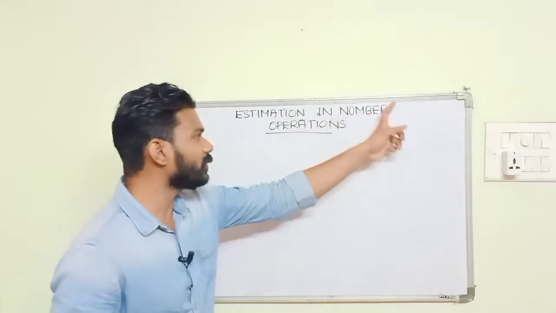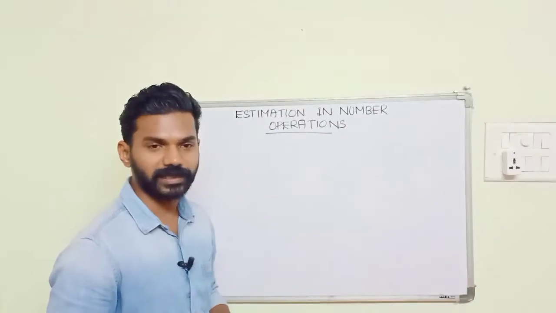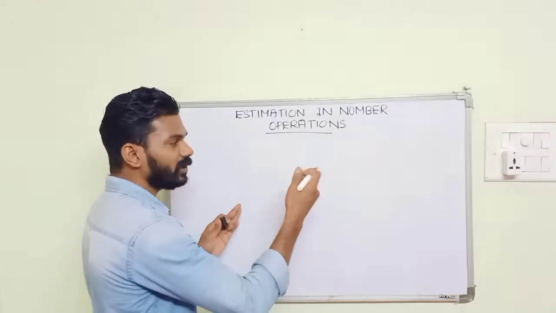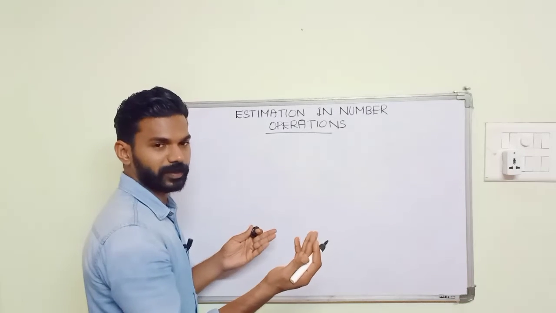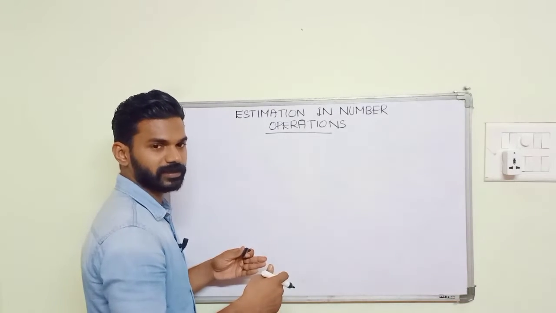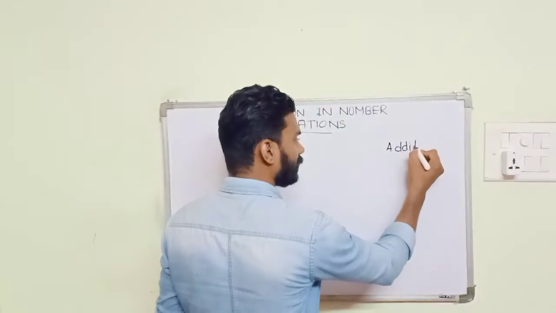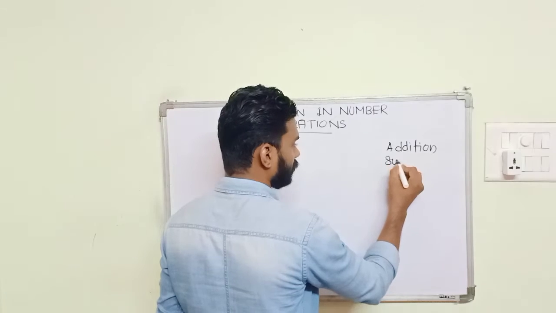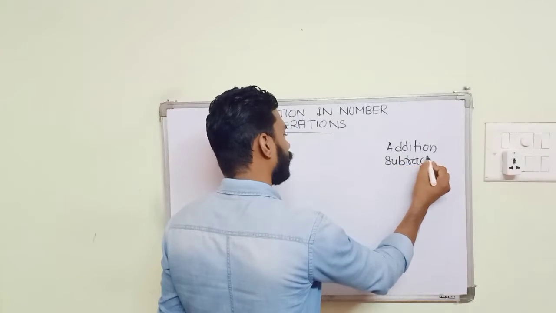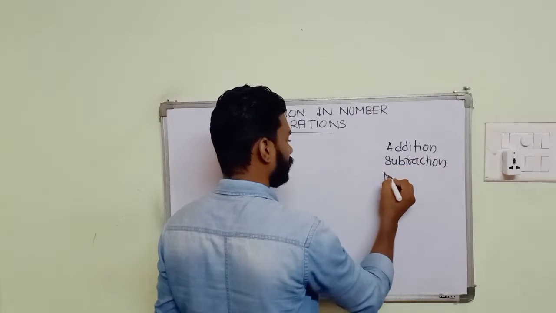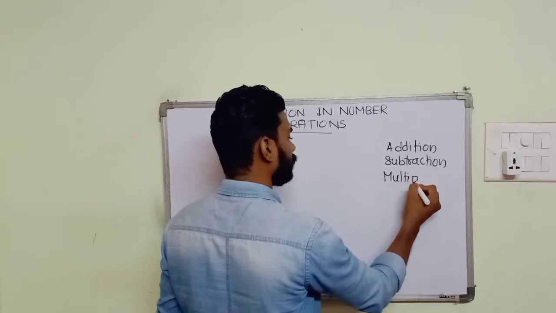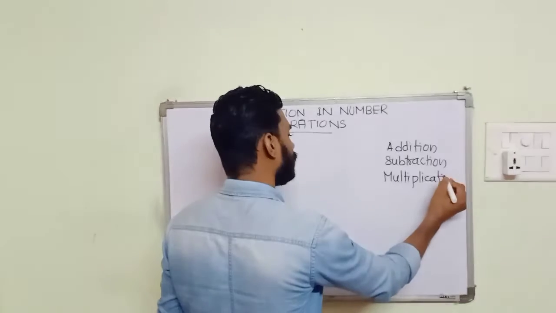We are familiar with what is meant by number operations. Numbers can be operated. Which are the operations that are available for us? Yes, addition, subtraction, multiplication, division.